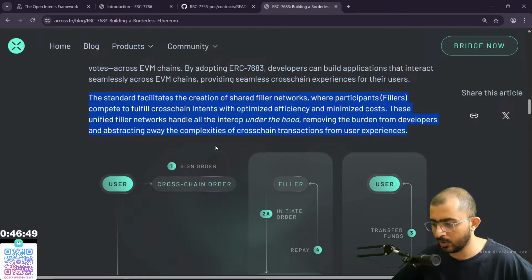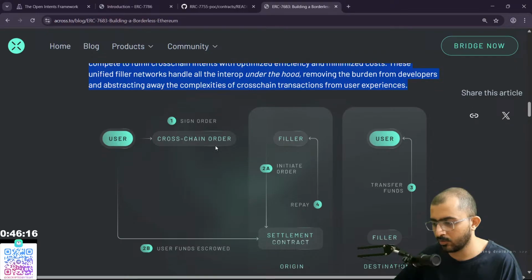Okay, there is a layer of fillers on top of Ethereum, or the EVM chains, that fulfills the intent. These unified filler networks handle all the interop under the hood, removing the burden from developers and abstracting away the complexities of cross-chain transactions from the user experience.